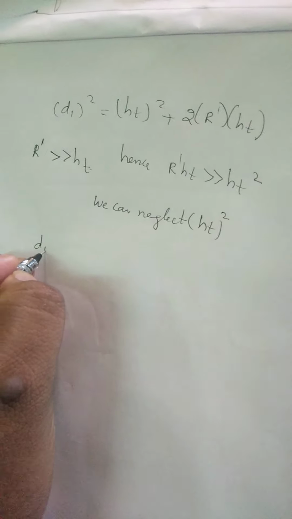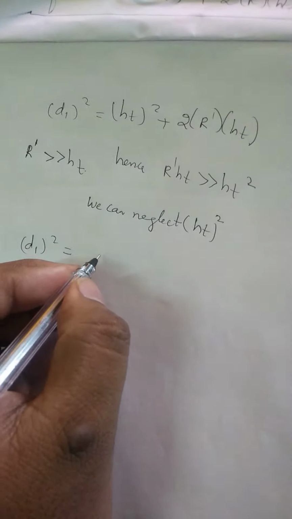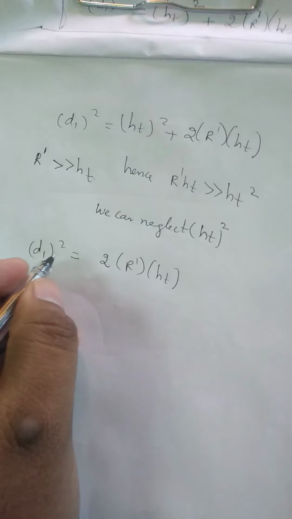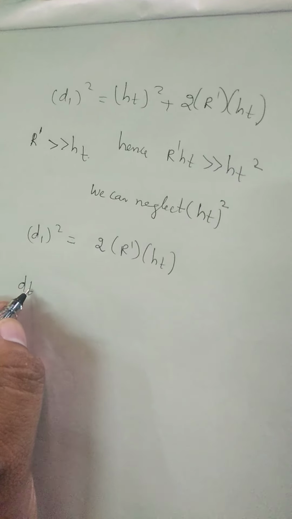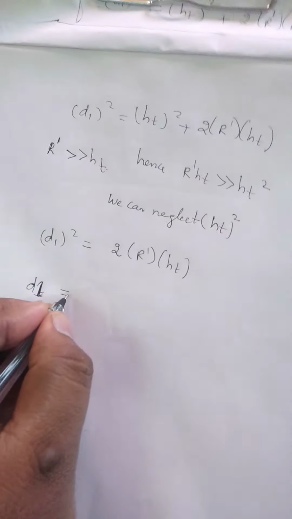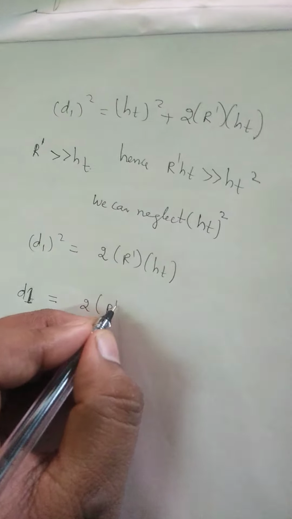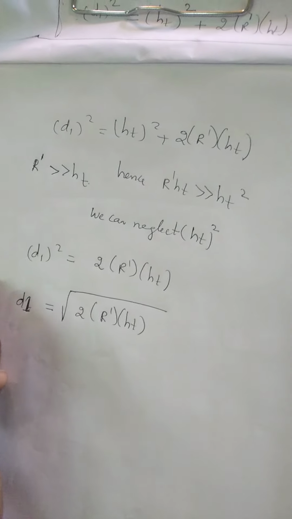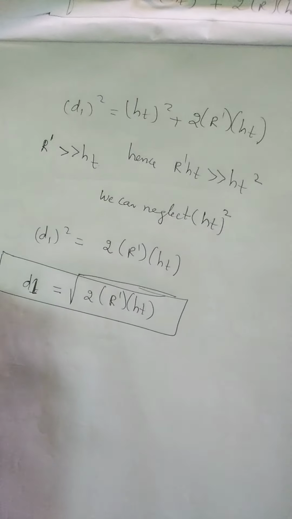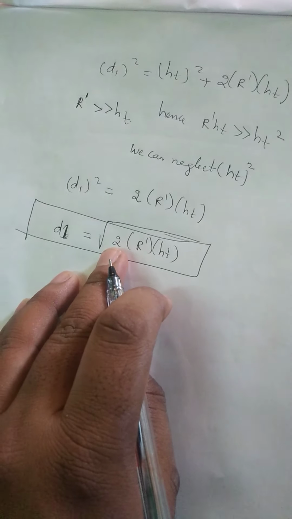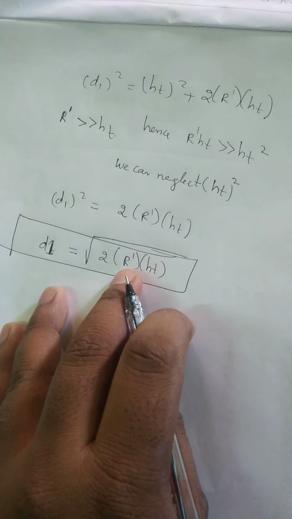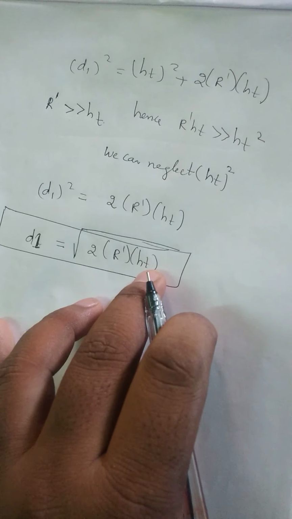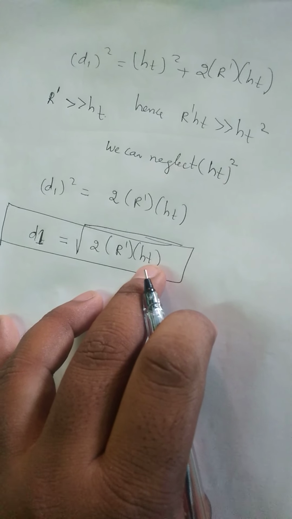So D1 square is equal to 2 times R dash into HT. Taking the square root to the right side, D1 is the square root of 2 times R dash into HT. So this is the first distance we obtained, where R dash is the atmospheric radius and HT is the height of the transmitter.